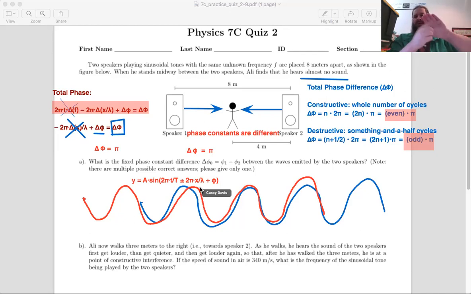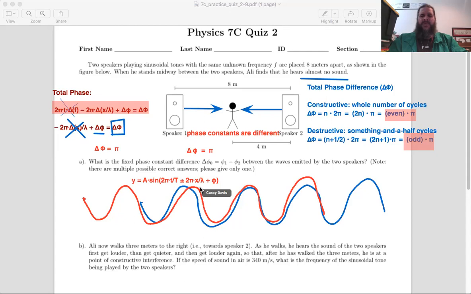When it pulls, it's creating a low pressure zone of air. So as the membrane pushes and pulls, it's creating a crest, a trough, a crest, a trough with high pressure or low pressure air. If the speakers are synchronized with each other, if they're both pushing at the same time, both pulling at the same time, they both create a crest and both create a trough at the same time. What would that suggest about their phase constants?